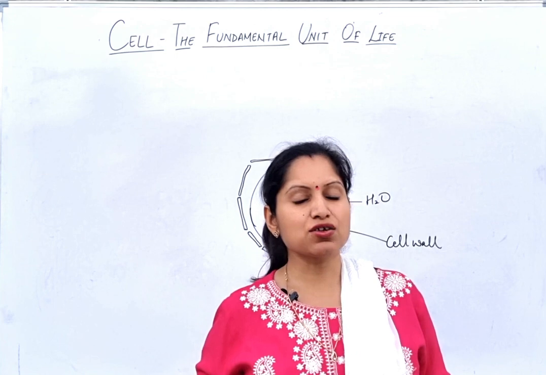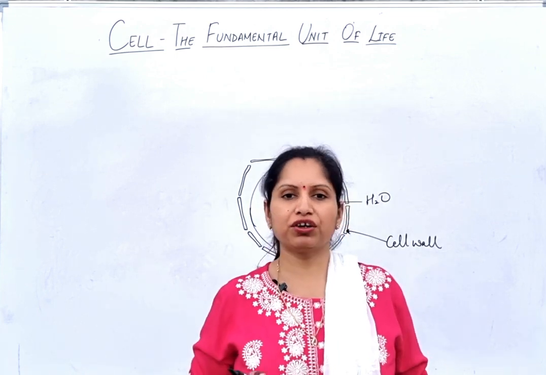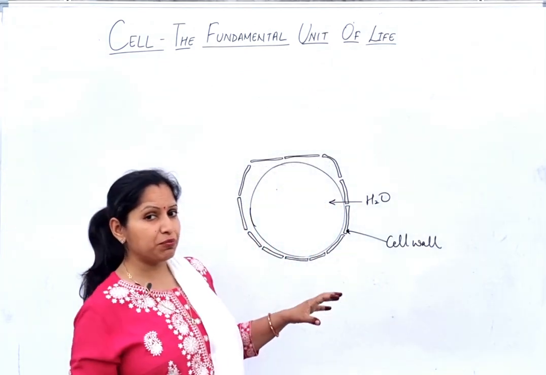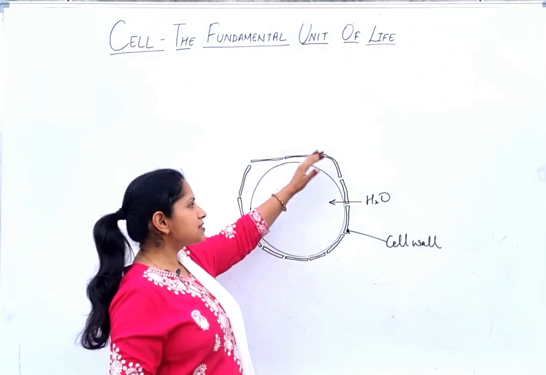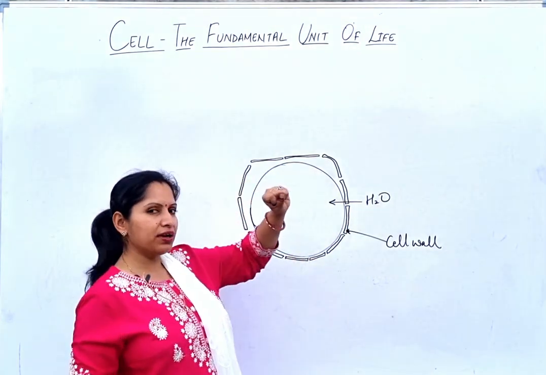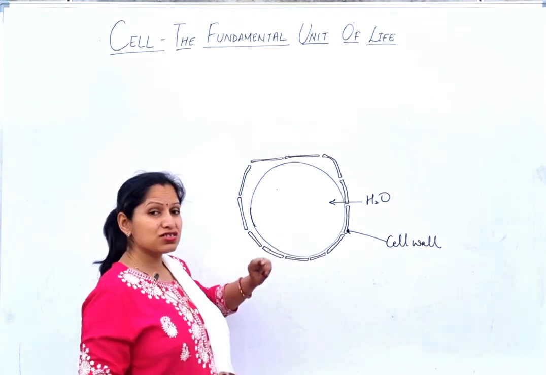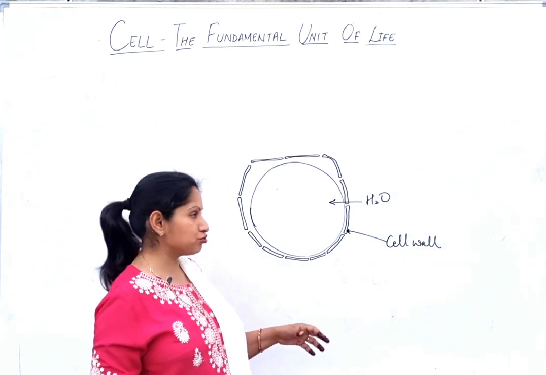But in case of a plant cell, there will be no effect on the cell. Even if the cell is kept in a hypotonic solution and water enters into the cell, the cell wall is going to protect the cell from bursting. So the cell is not going to burst. The cell can withstand that hypotonic solution.